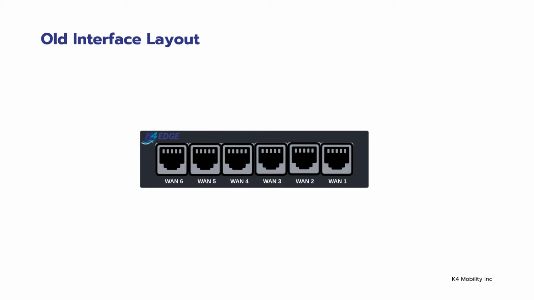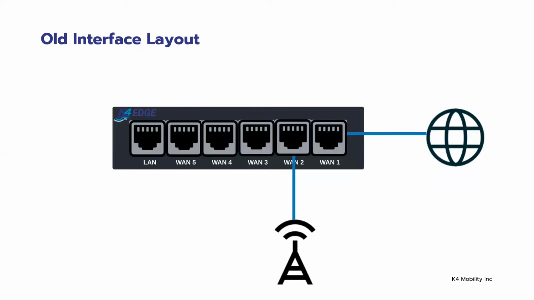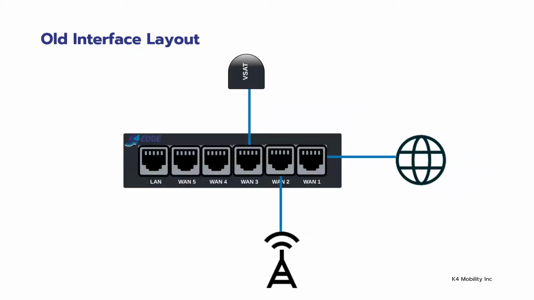Okay? So if you need to plug in WAN links, we need to plug in the hard line or shore into WAN 1, LTE into WAN 2, VSAT into WAN 3, and then finally LAN systems would connect into the LAN port.